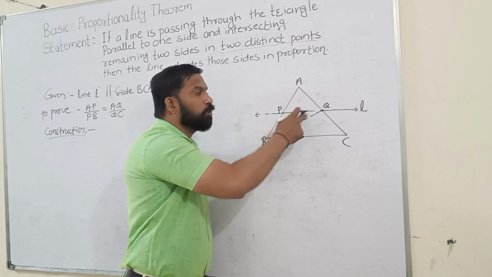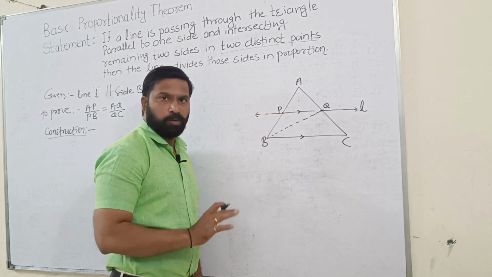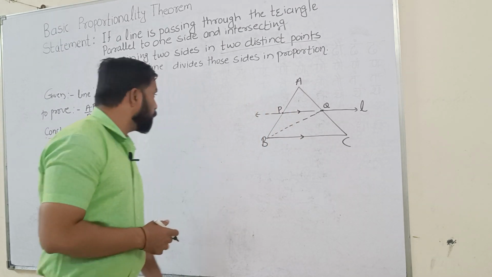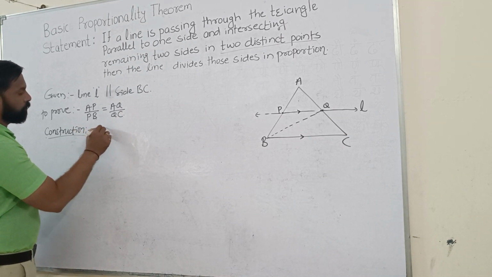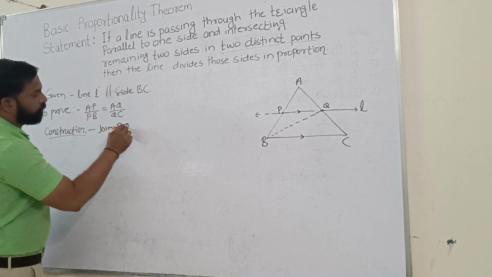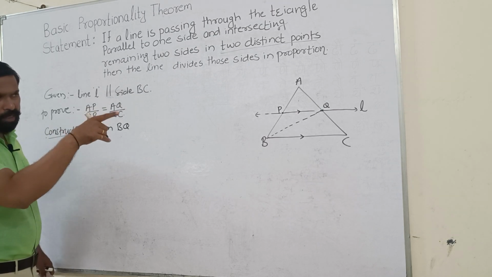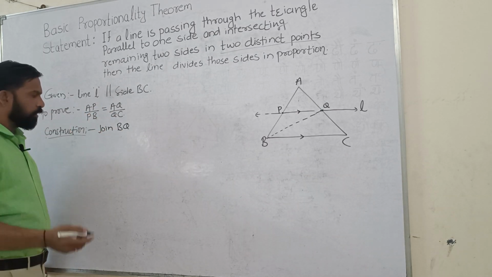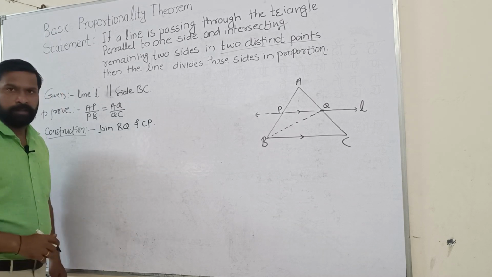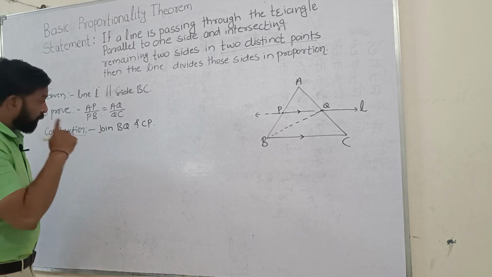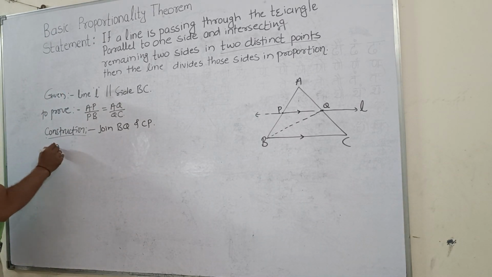This is why we have to join them together. Now let me write down. Construction: join BQ, as well as we need to join CP. Why? I will tell you later on.